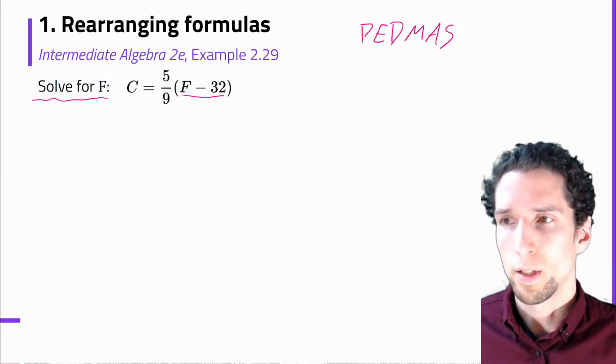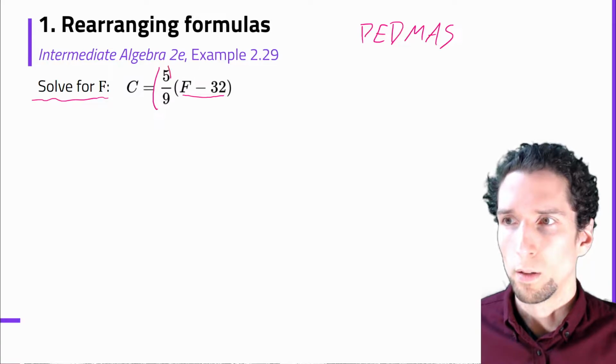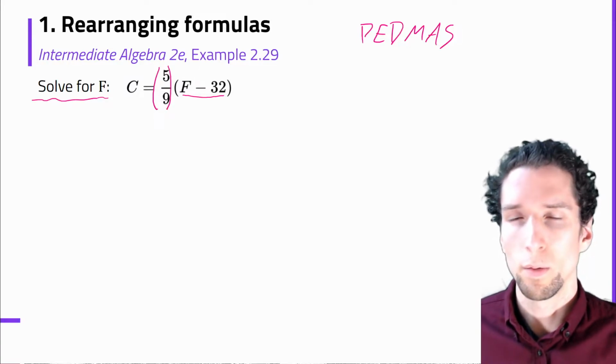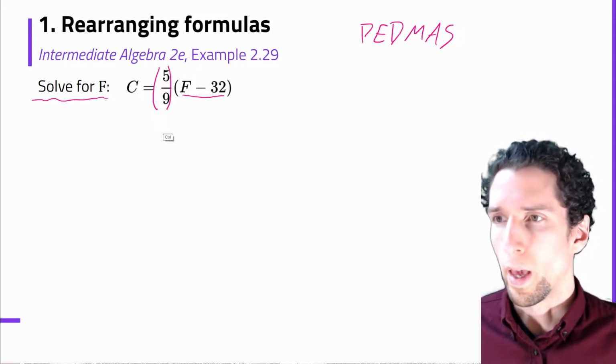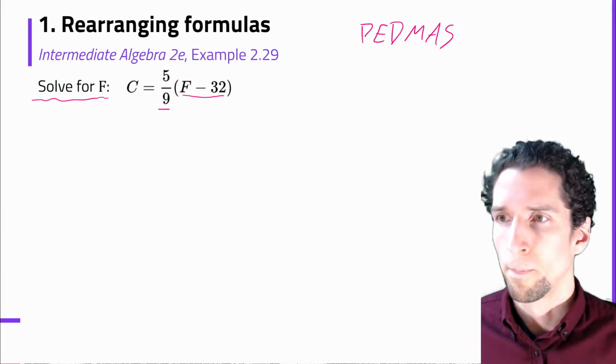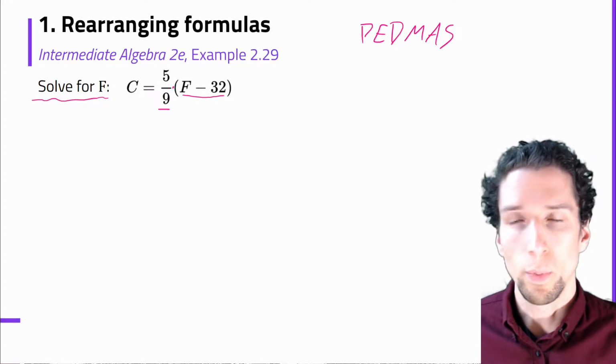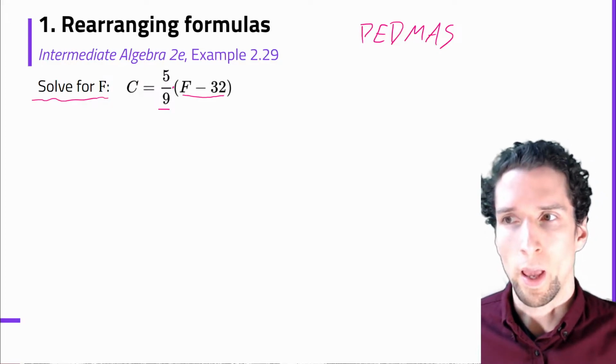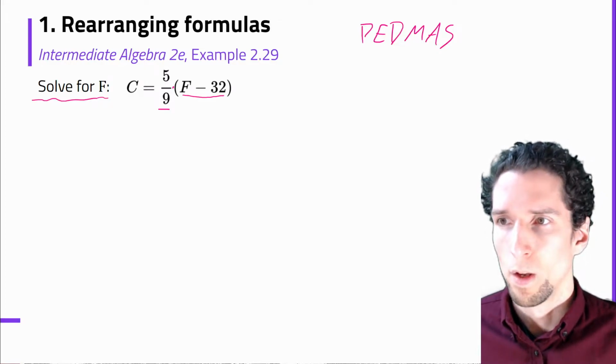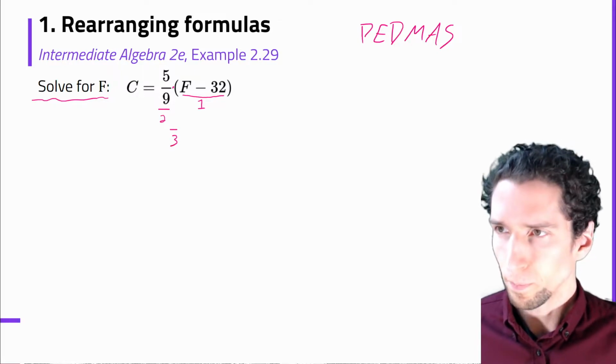And then second, we have this division with this fraction, and I'll underline that. And then we would have this multiplication between the fraction and the brackets here. So let's say that's number 1, that's number 2, and that there is number 3.